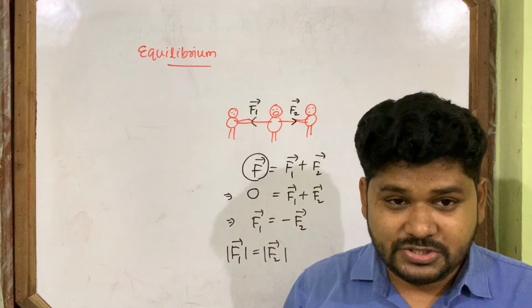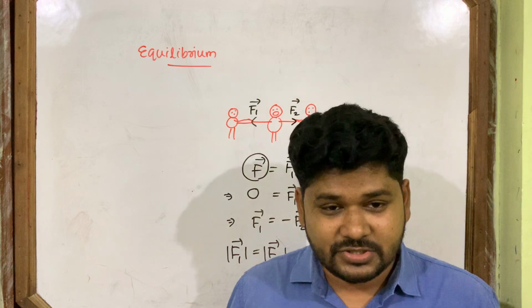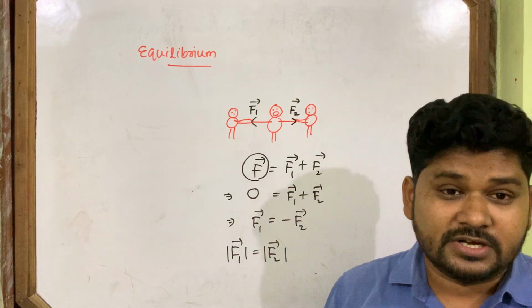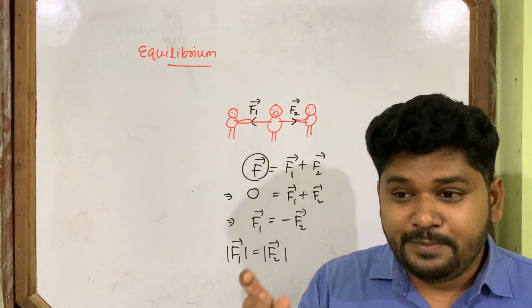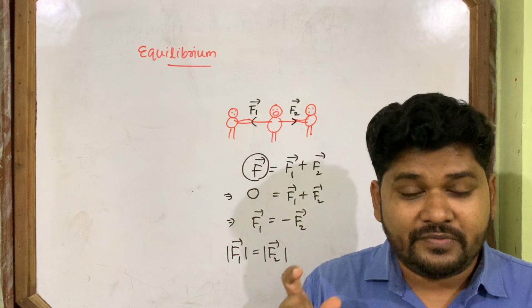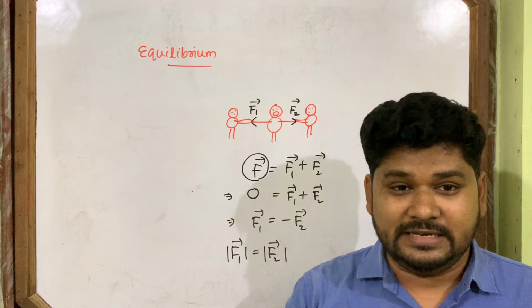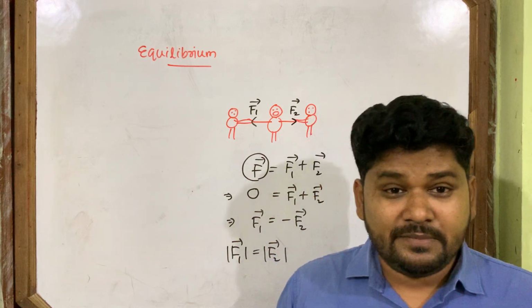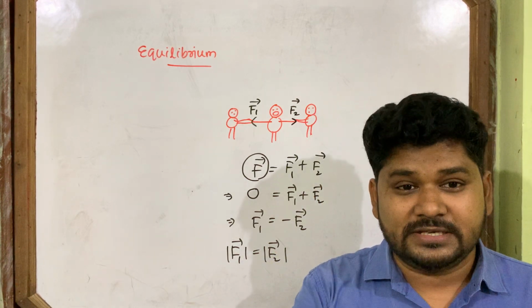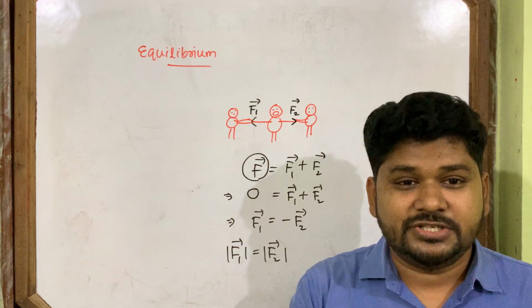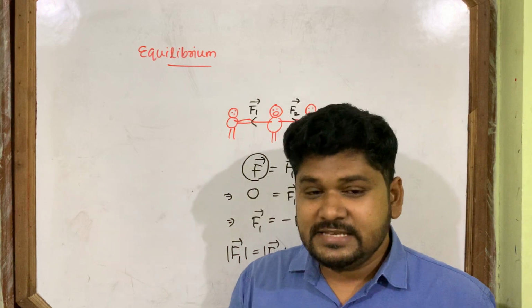In some books and some exams, this comes as a question: what is the minimum number of equal magnitude vectors that can cause equilibrium?